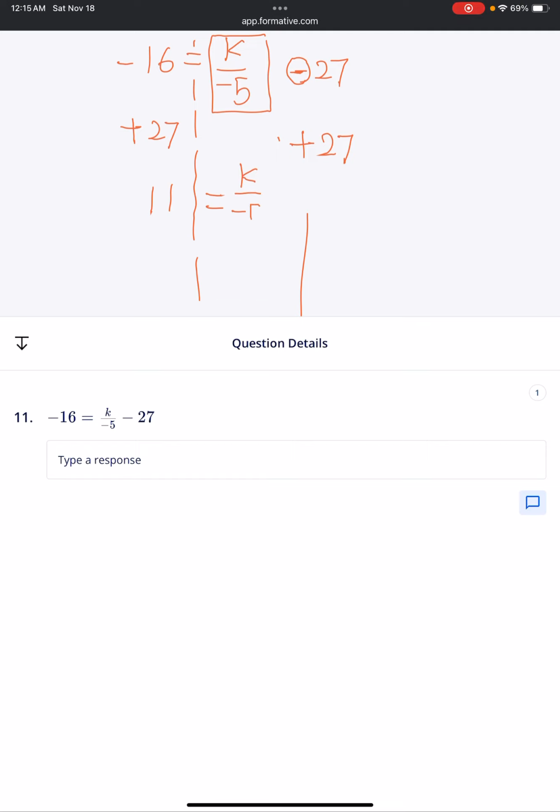over negative 5. And then now you need to get rid of the bottom, negative 5. k is divided by negative 5, so you need to multiply by negative 5.